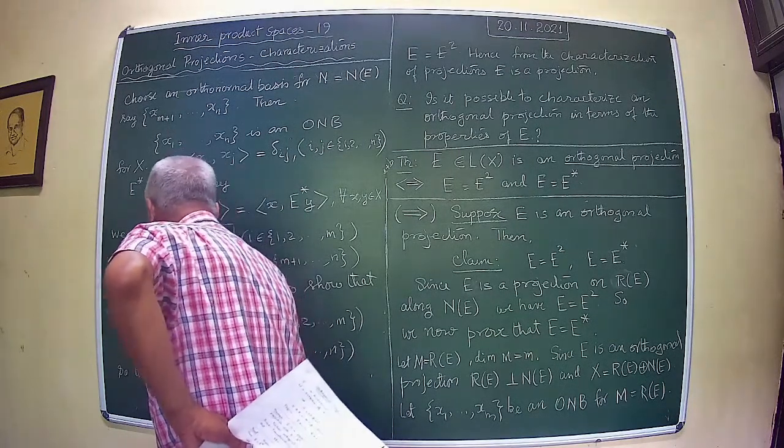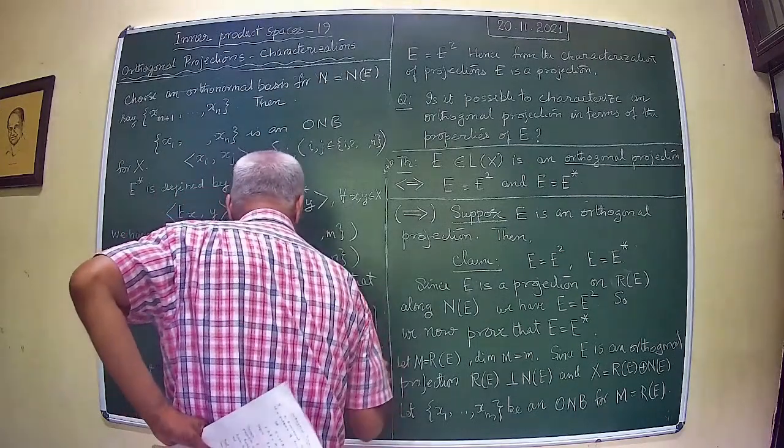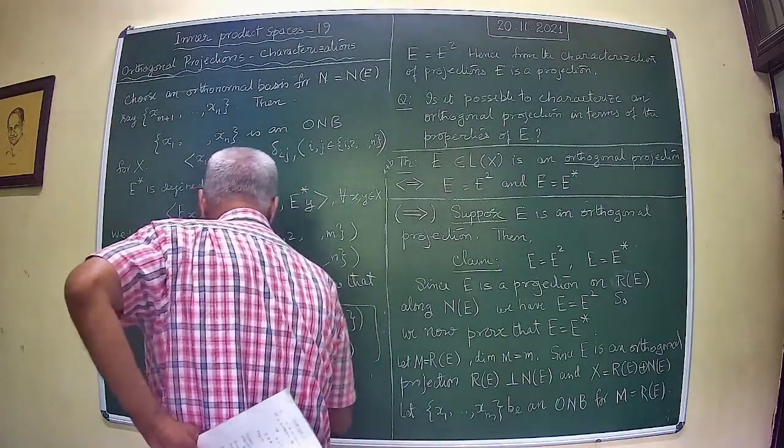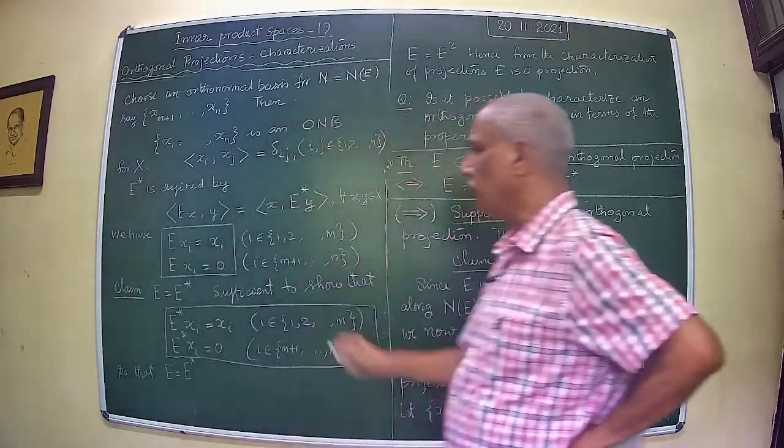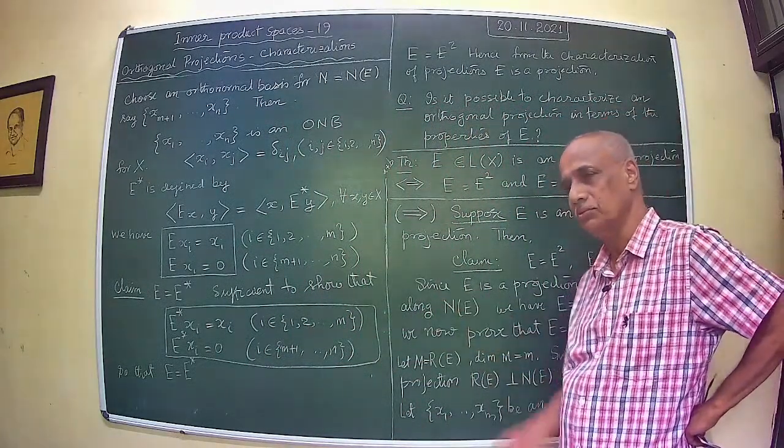So what we need to prove is this result. If we prove this, then E equals E star.